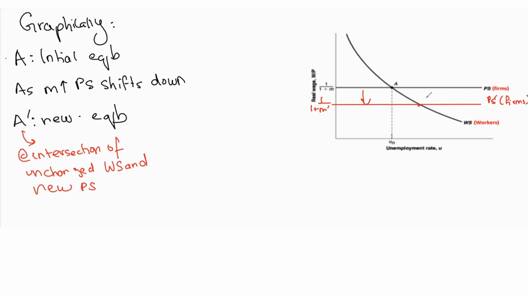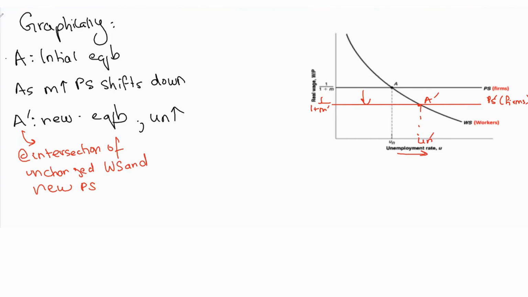So the new A prime represents the new equilibrium where UN increases.